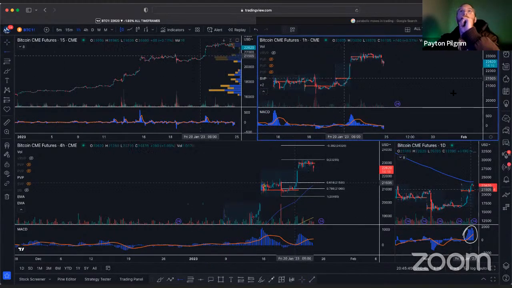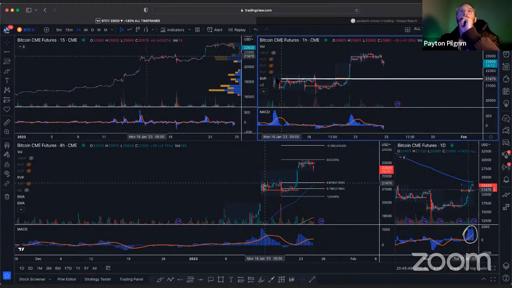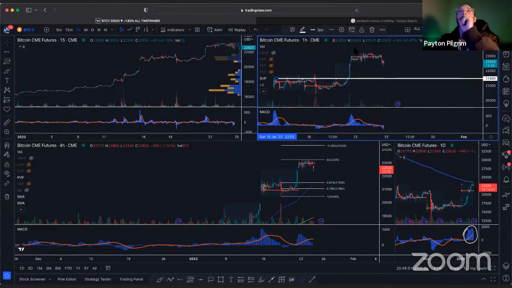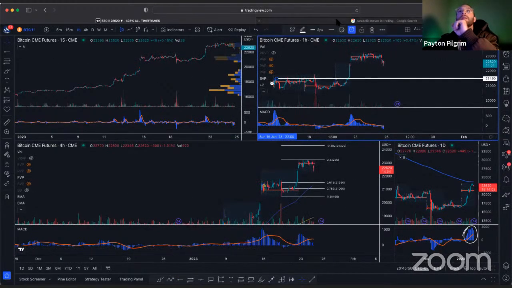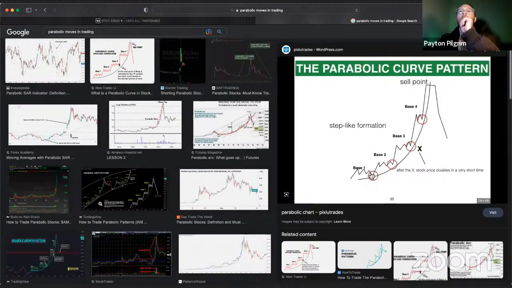Now, I want to get back to what I was saying about the parabolic move, though. We have base, rally, base, rally, base, rally, base. 4 impulses. 1, 2, 3. 1, 2, 3, 4.